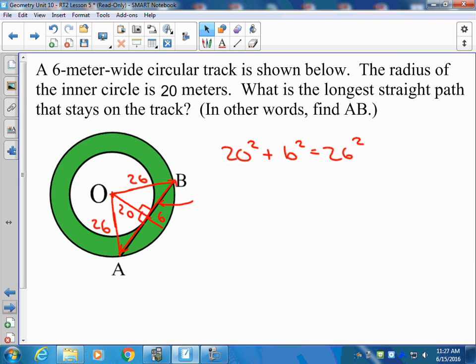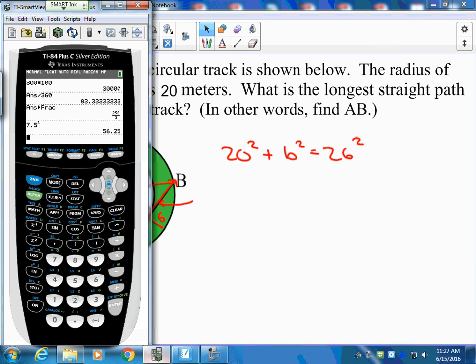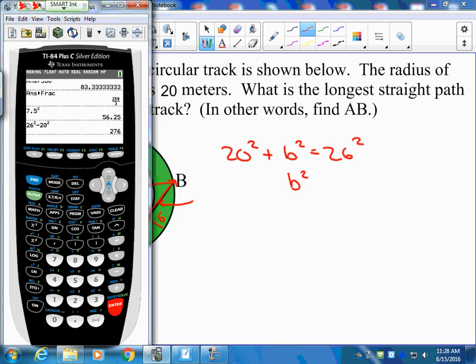I'm going to jump to the calculator here for our calculations. We've got 26 squared minus 20 squared. So our b squared value is 276.